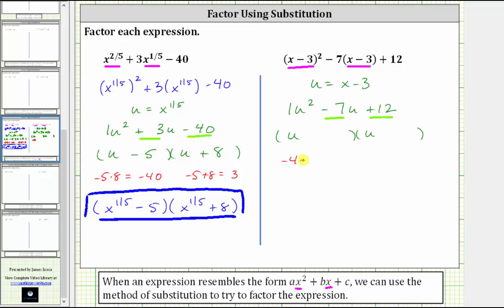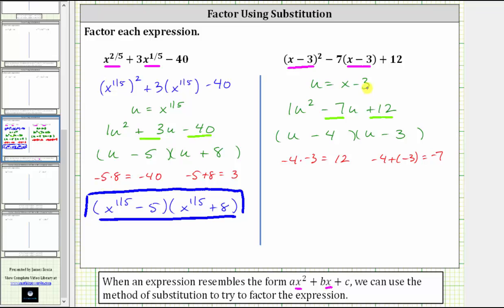Notice negative 4 times negative 3 is equal to positive 12, and negative 4 plus negative 3 is equal to negative 7. Which means in terms of u, one factor is u minus 4, and one factor is u minus 3. But now we need to write this back in terms of x.